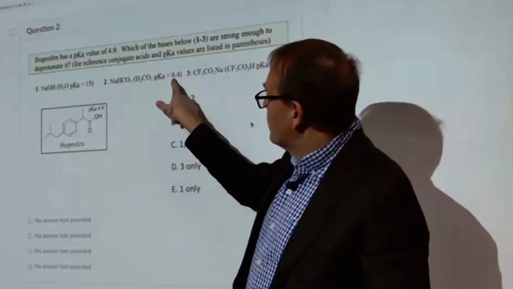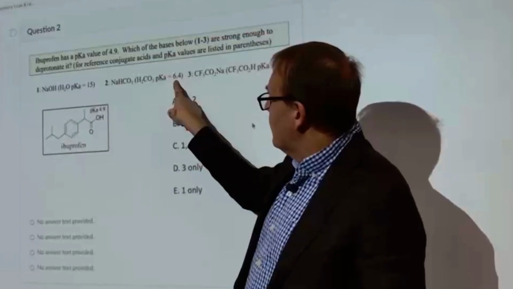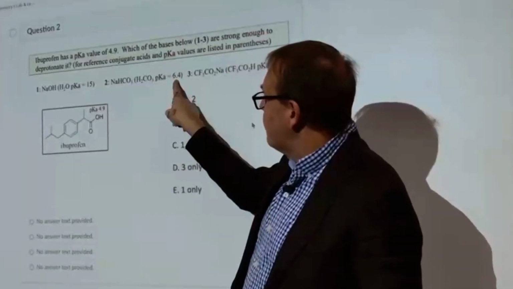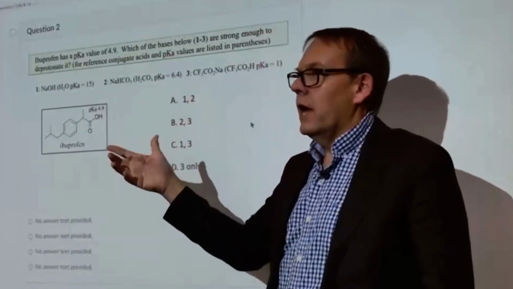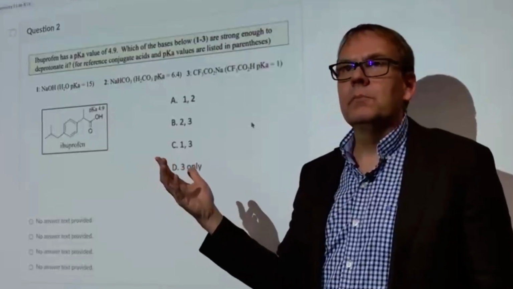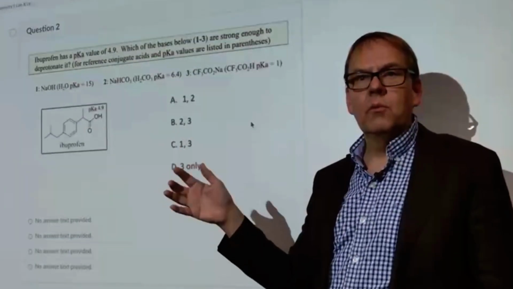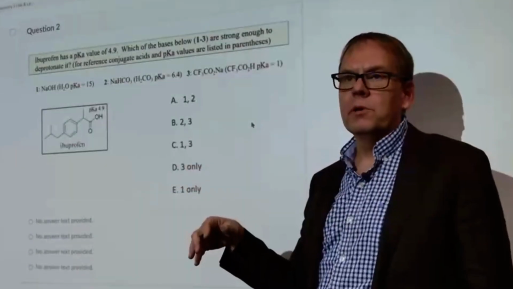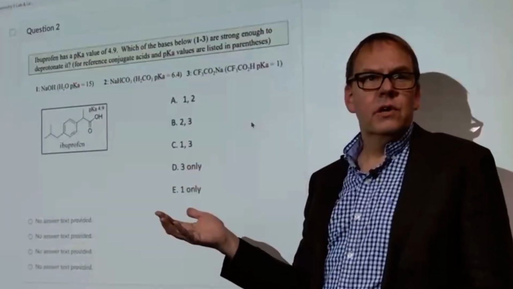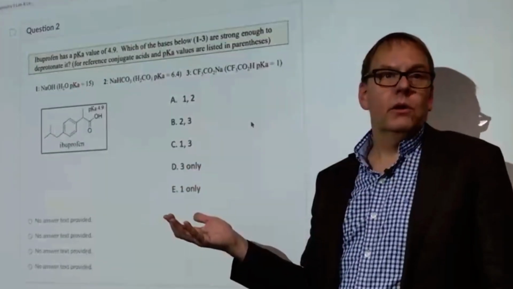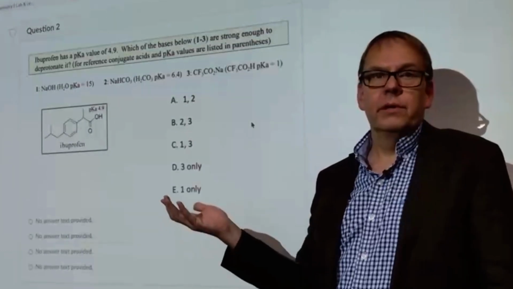This one isn't quite as product favored. It's about 1.5 pKa units, so between 10 and 100 would be favored. The equilibrium constant would be somewhere between 10 and 100. So it's still a really big equilibrium constant, but it's not like billions.